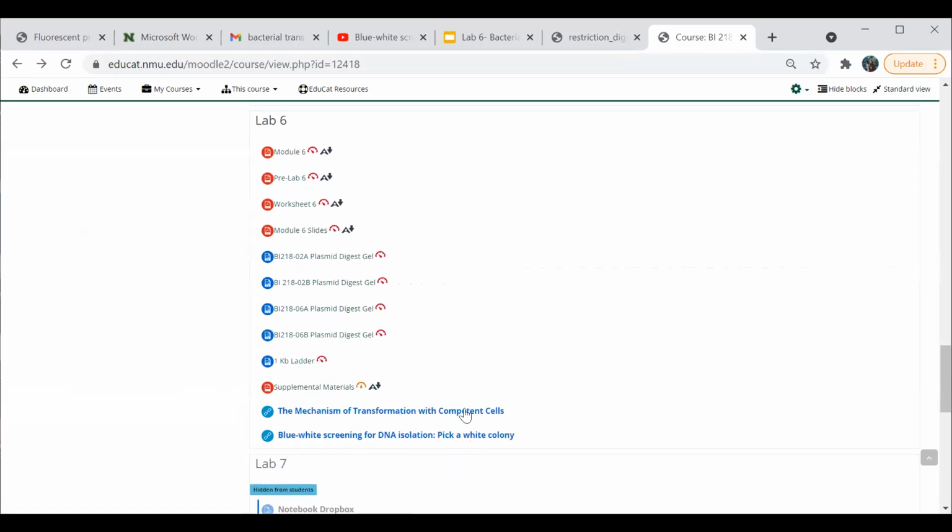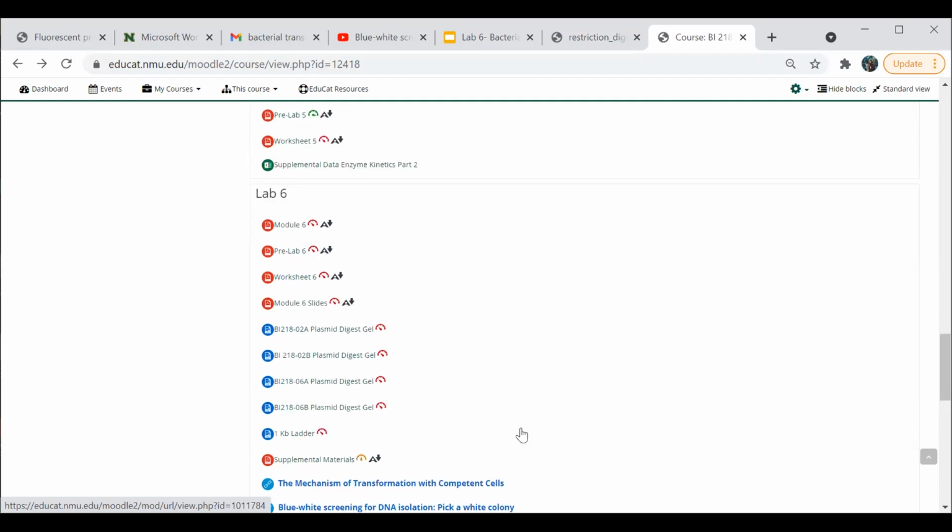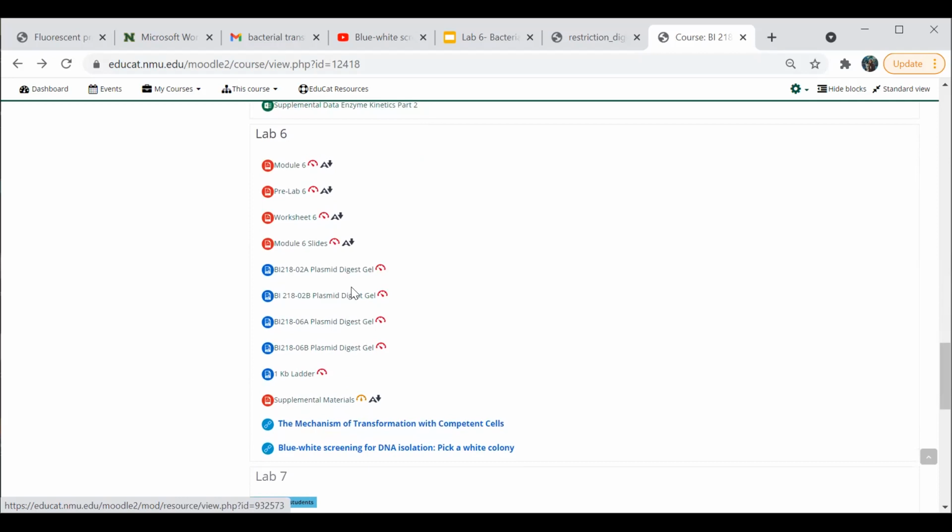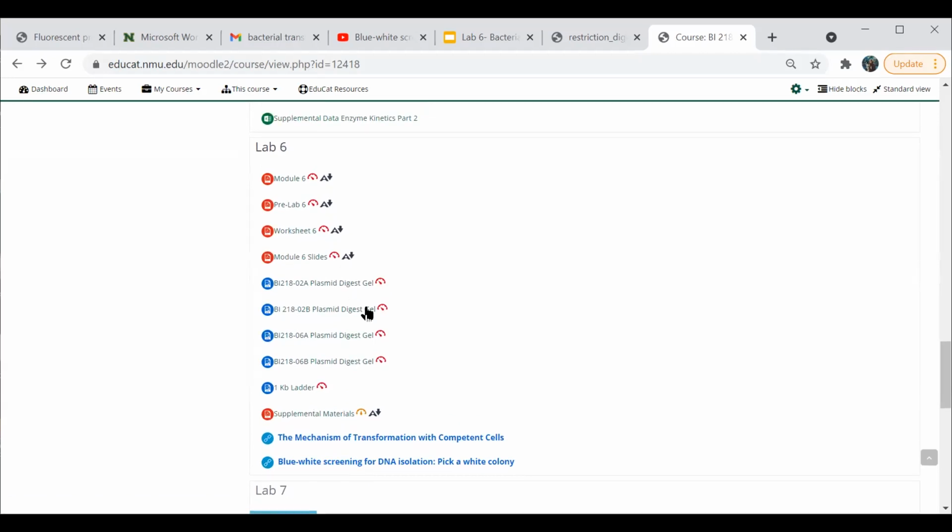Then these last 2 are videos. So this is going into a little bit more detail about the mechanism of transformation for competent cells. And then this last one is blue-white screening for DNA isolation. Yeah, so like I said, you can pick any one of these gels for your data analysis.